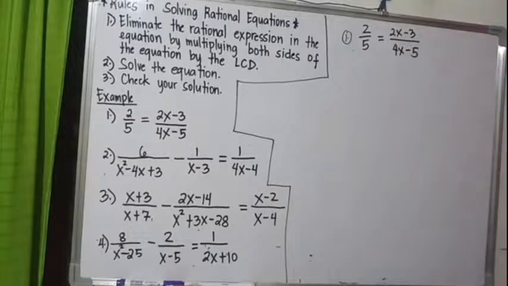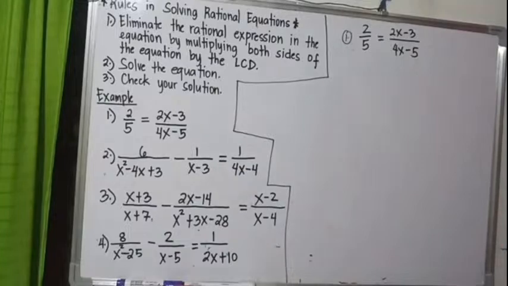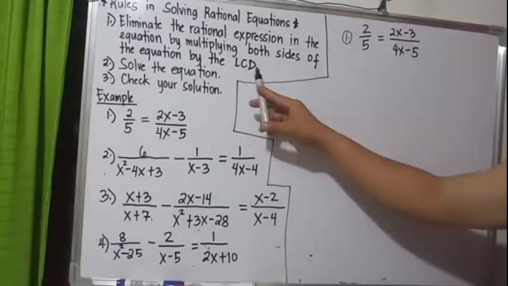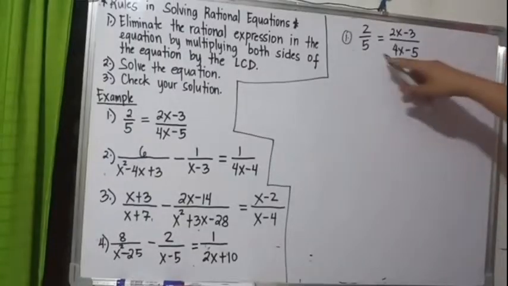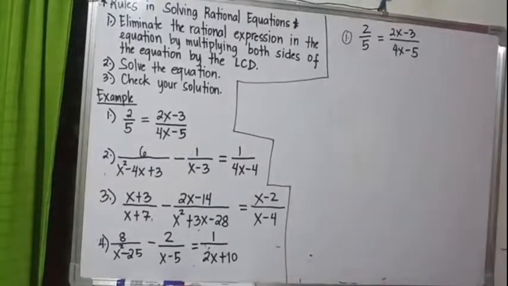Solve for the value of x based on this given example. So we have to find the LCD. So ano ba yung LCD natin dito? Tandaan, to find the LCD, kung ano yung denominator, that is your LCD.